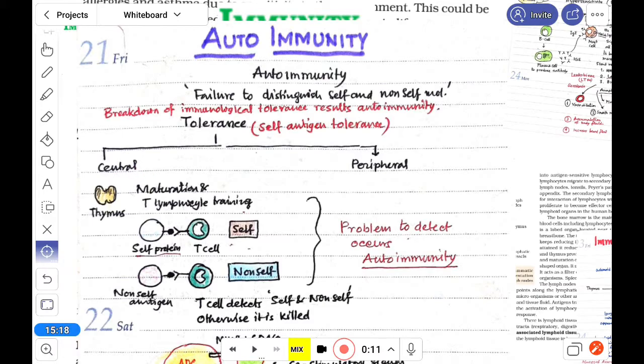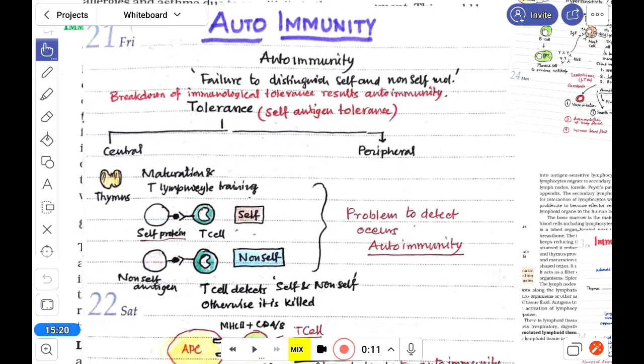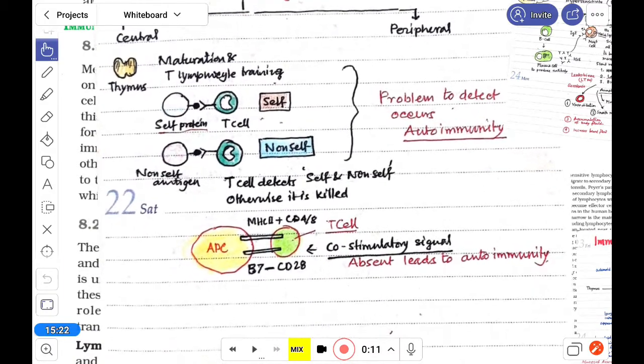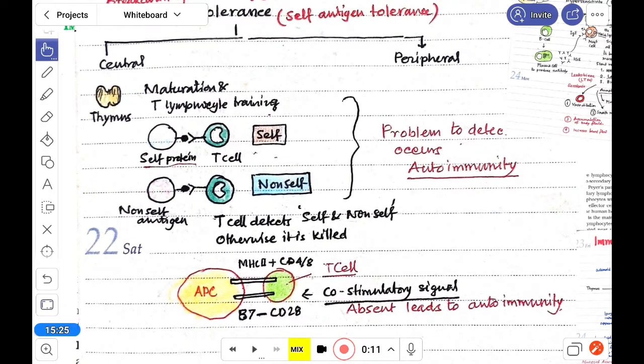To understand it in an easy way, one training is given to the T lymphocytes, the killer T cells, to detect self and non-self.